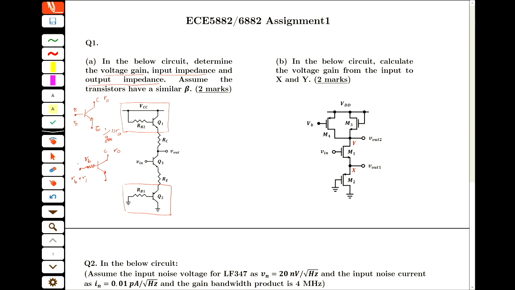For the transistor, here is the base and here is the emitter. From the emitter side, it is RB divided by beta plus 1, plus 1 over GM.